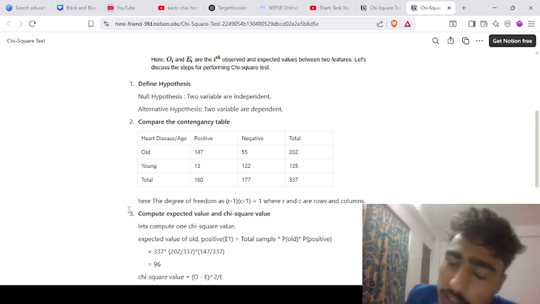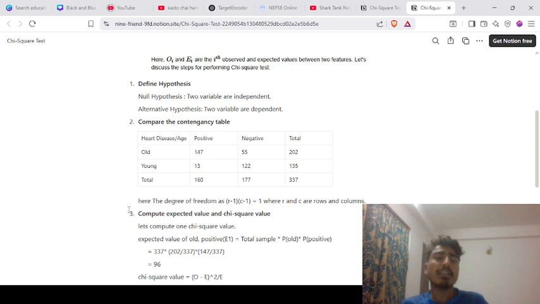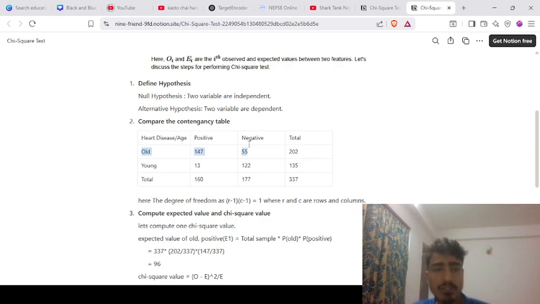We can compute it by counting the number of rows and columns in the dataset. Here in the table you can see we have two rows, one for old and another for young, and two columns, one positive and another negative.